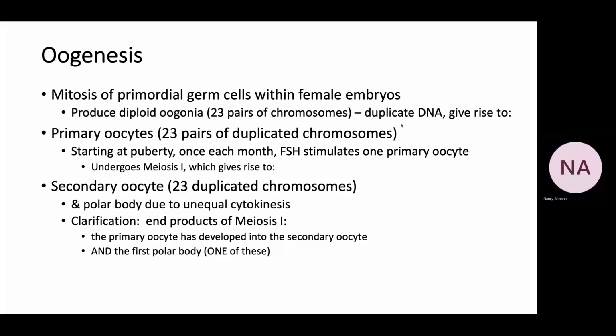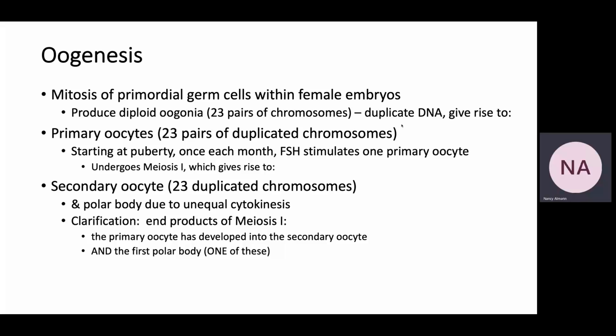Starting at puberty, once a month, every 4 weeks or so, depending on the female's menstrual cycle, follicle stimulating hormone, FSH, stimulates a single primary oocyte to undergo meiosis 1. That cell will give rise to what's known as a secondary oocyte, as well as polar bodies, which are small, non-viable cells, for lack of a better term, because unequal cytokinesis will occur.